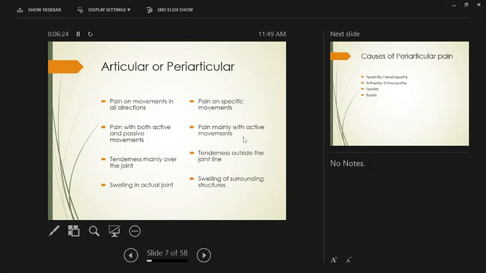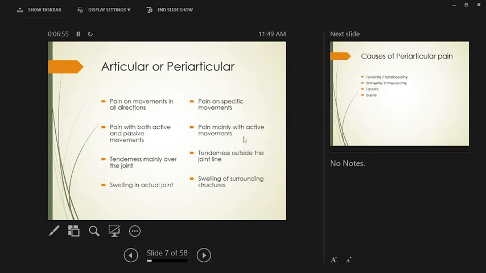So how do we differentiate whether it's articular or periarticular? Articular pain is pain on movements in all directions, whereas in periarticular structures there is pain on specific movements. In articular pain, the pain will be there in both active and passive movements, whereas in periarticular structures the pain is mainly with active movements and can also be elicited with passive stretching.